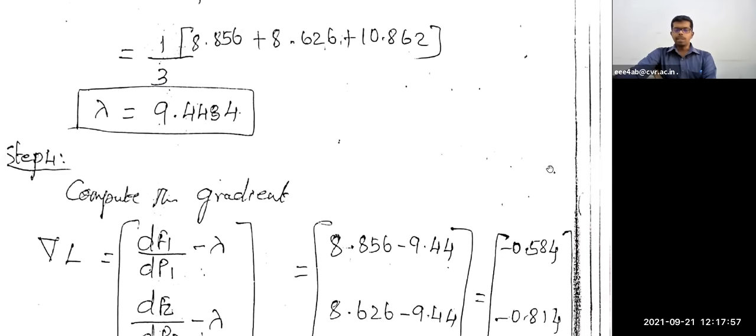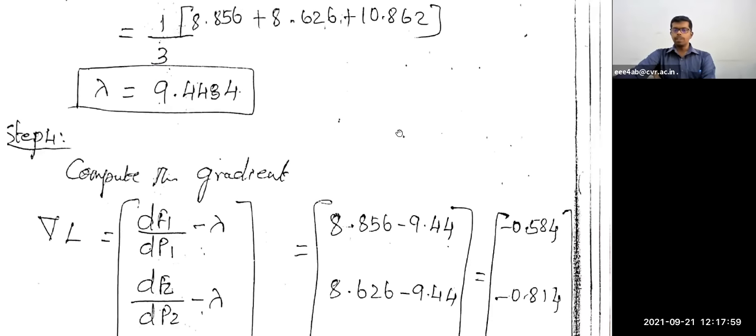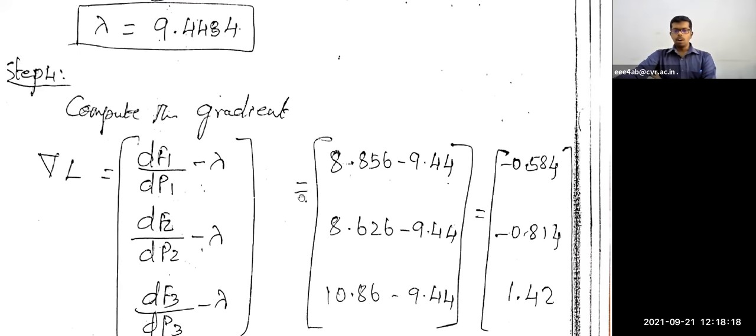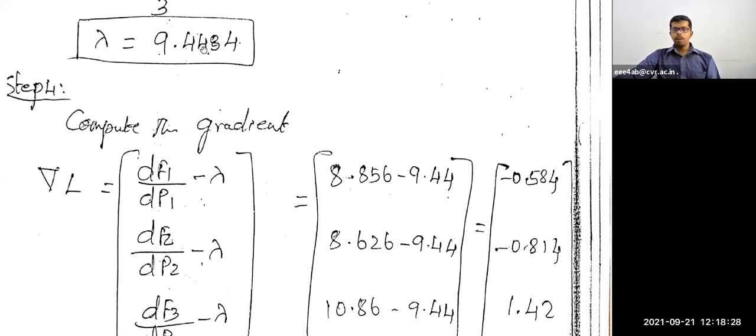Okay, so you need to substitute the values. What is the value we already calculated? That is 8.856 for the first generating unit, minus the lambda, whatever value you got. Take the full values. I rounded off here, you don't round off, I am repeatedly saying this. Similarly, for all three generating units, df2 divided by dp2, then df3 divided by dp3, minus this lambda. This lambda is the same, 9.4434.